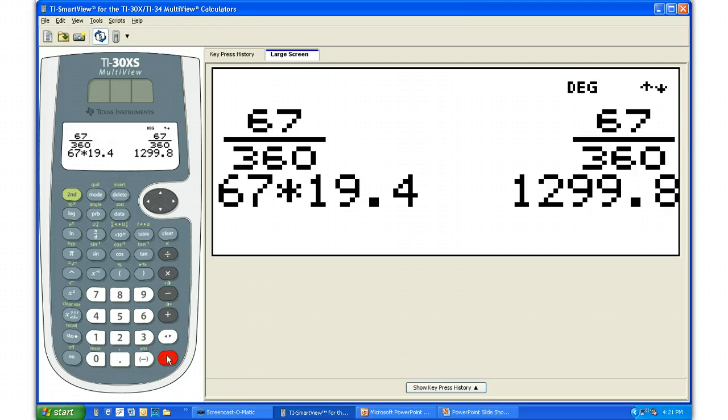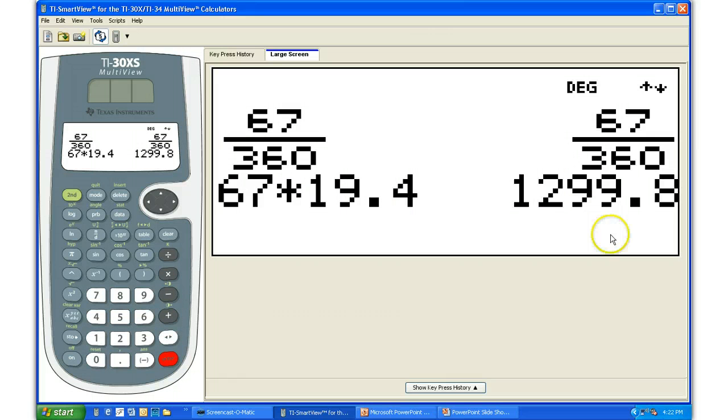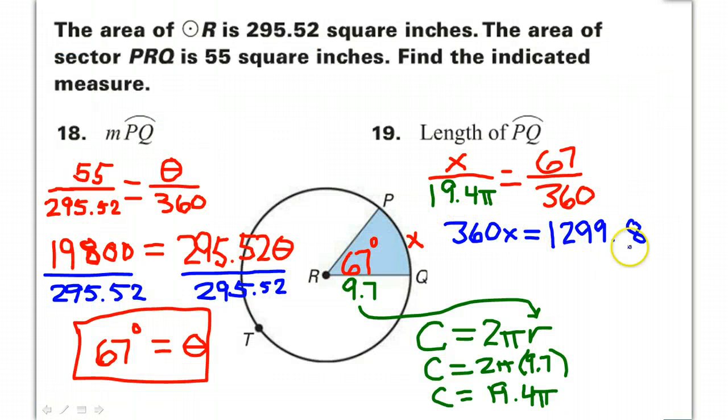Okay, 1,299.8 it is. Okay, so we don't have pi in there yet, so this will be 1,299.8 pi. Am I right?